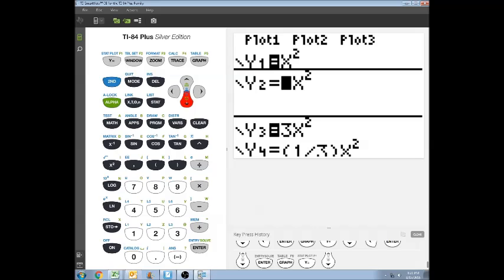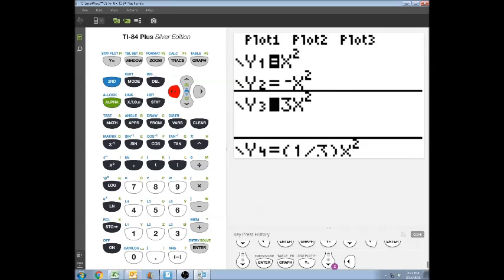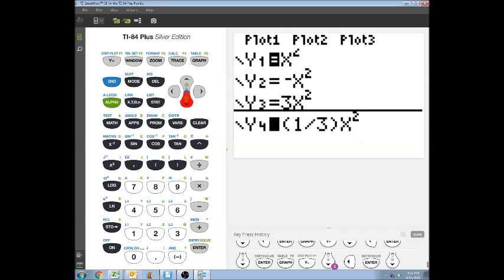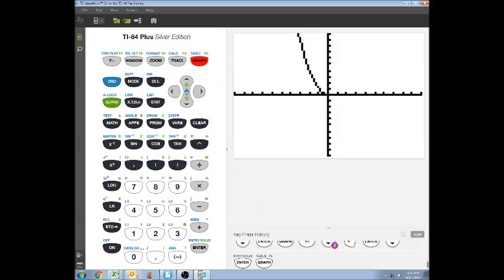We want to not have that highlighted anymore. Go ahead and get this equal sign highlighted and take a look at what happens here. There's our original or our parent function, and here comes our 1/3 times x squared. So now, multiplying by 1/3 is the same thing as saying dividing by 3.